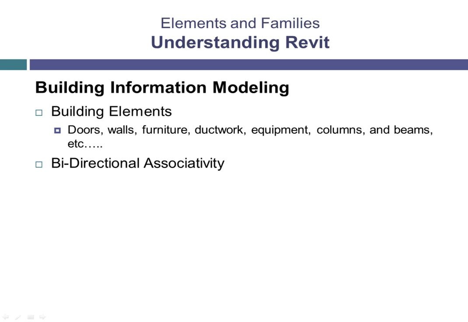Everything relating to the model is stored in a single file, a database that holds graphic display and construction specifications together. By eliminating the duplication of information across separate files, information always remains consistent and current.